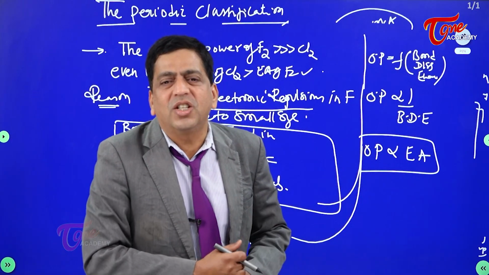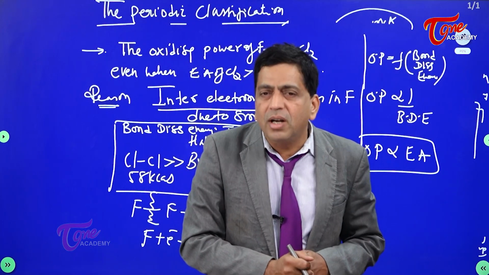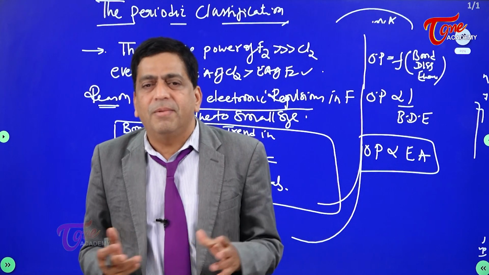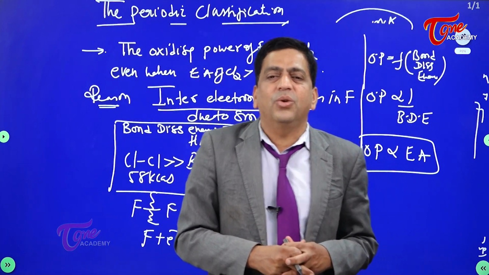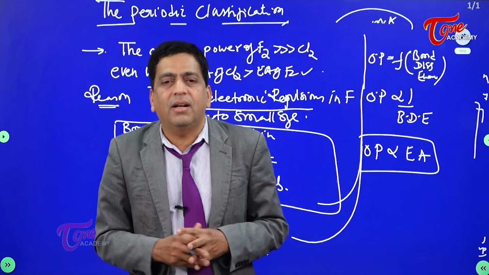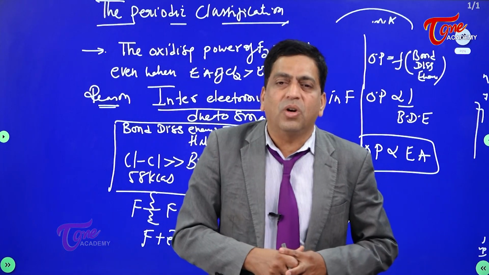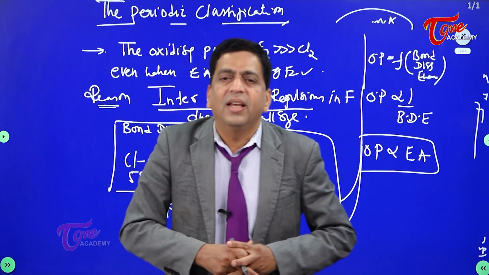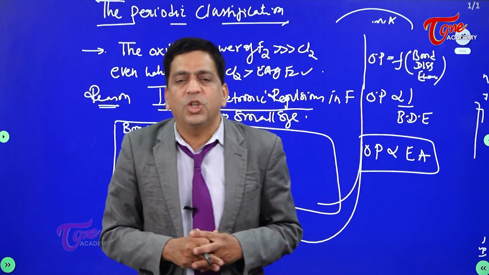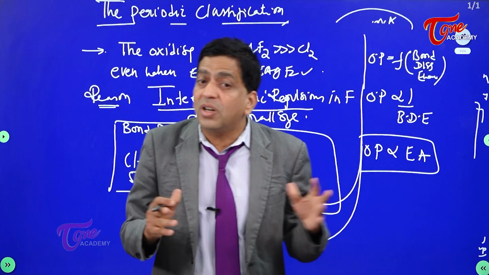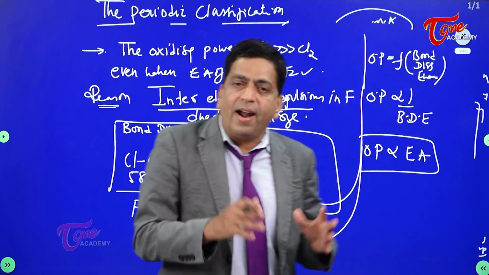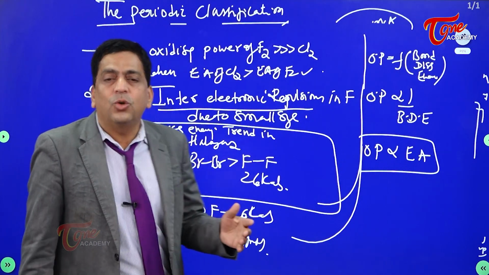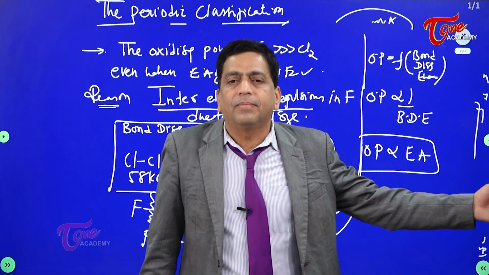Since the bond dissociation energy is very small for fluorine, it easily breaks and is ready to accept electrons. And remember that the electron affinity values of fluorine and chlorine hardly differ greatly, so they have almost the same electron affinities. But fluorine, possessing the smaller bond dissociation energy, is ready to take the electrons. The trend of bond dissociation energies follows this, and fluorine is kicked to the third position.